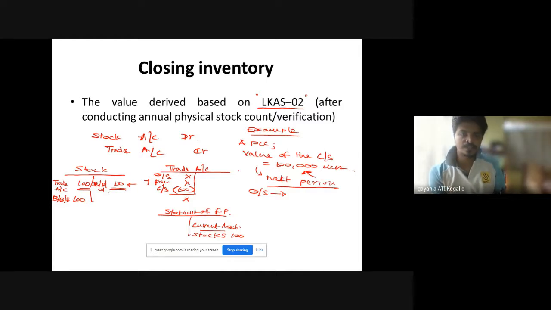We should transfer that into our trade account. What should be the double entry? Trade account debit, 100,000, the closing balance of last period, and stock account credit 100,000. Now we are transferring this amount to the trade account.